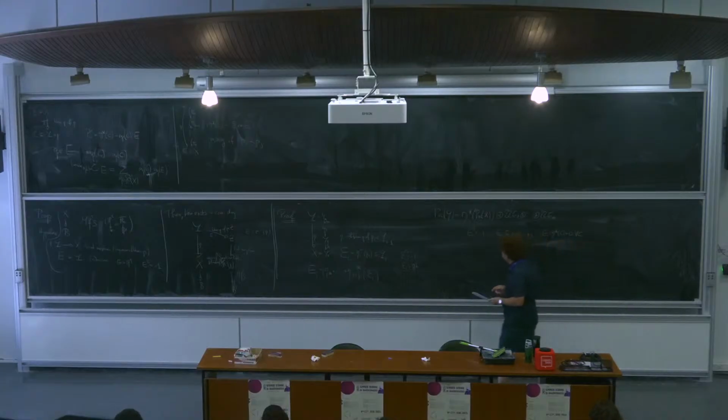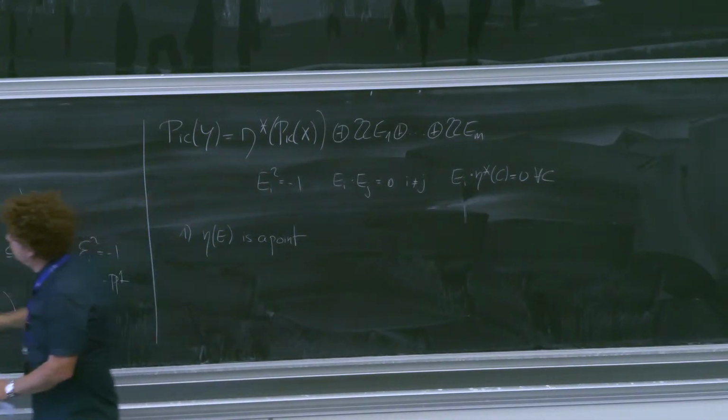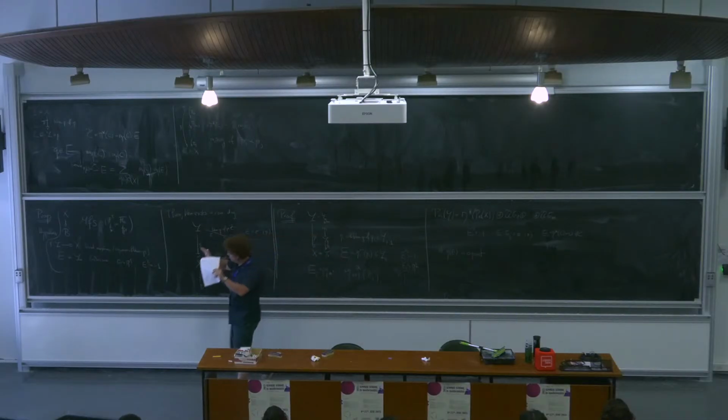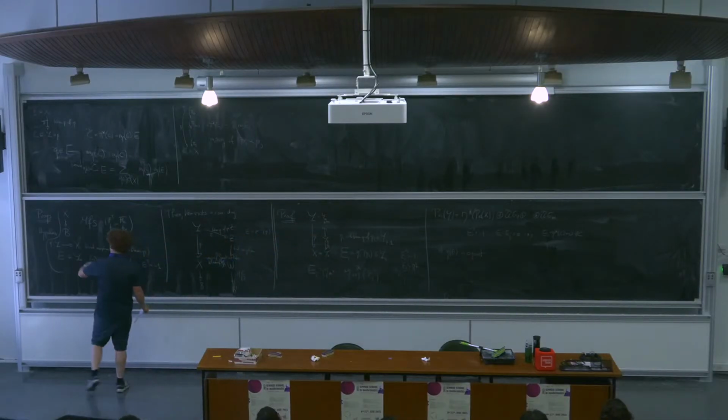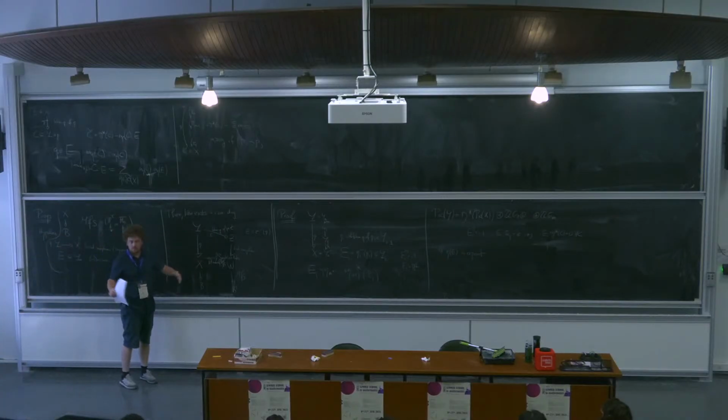Okay, so now we will do the proof. You have many cases, at least I don't know, I remember 5 or 6. So the first, I will do first, eta(E) is a point. So remember, you have a -1 curve on the top, and any -1 curve has nothing to do with the birational morphism, so it can be contracted, it can be sent to anything.